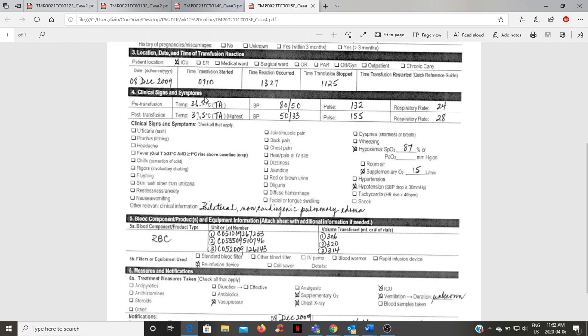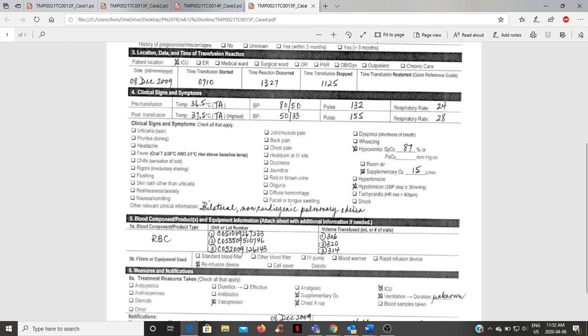Temperature, 1 degree rise, but not greater than 1 degree. Blood pressure came down. Pulse went up. And then reported here is hypoxemia. So this means a low oxygen, and hypotension with that blood pressure drop of greater than 30. And they've added in here bilateral non-cardiogenic pulmonary edema.